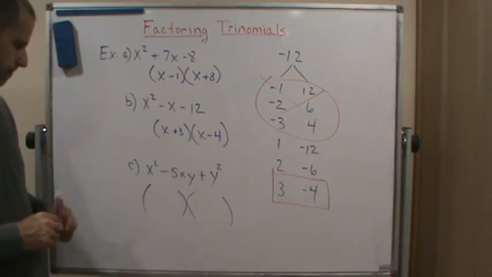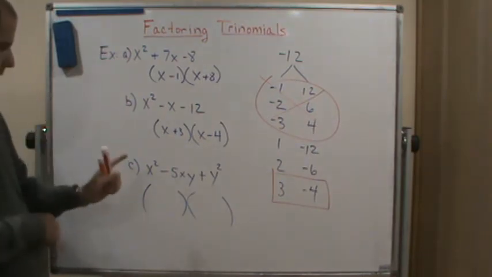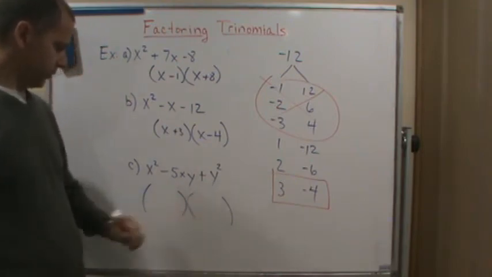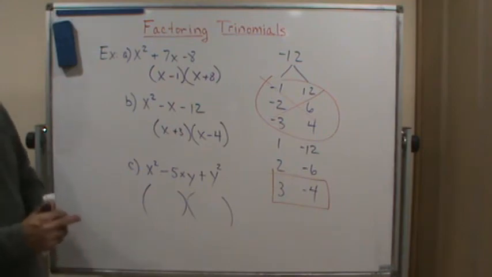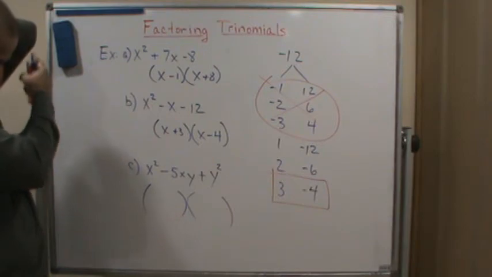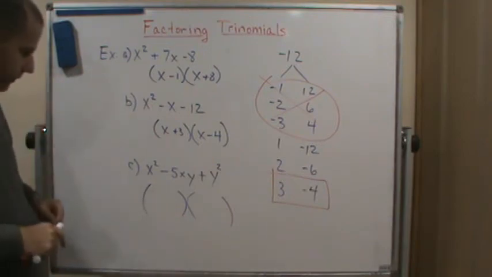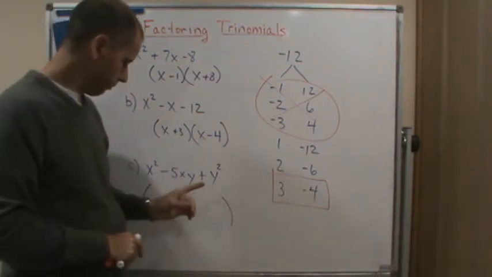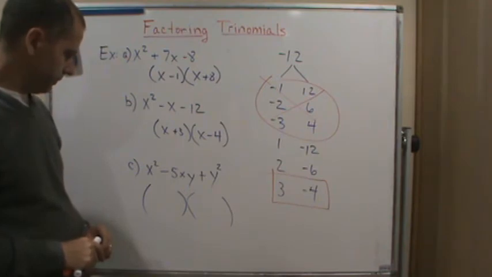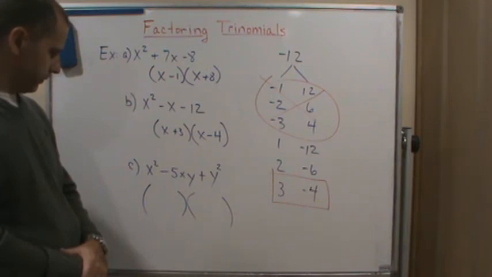So remember, I've got to have this factor here and a factor here. Now notice in this one here, we've got x squared, and we've got a y squared here, and we've got a product of 2 here.